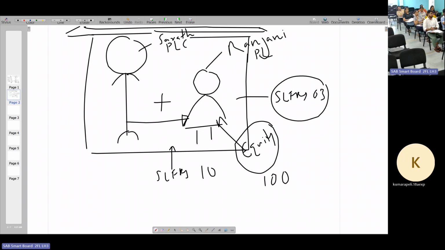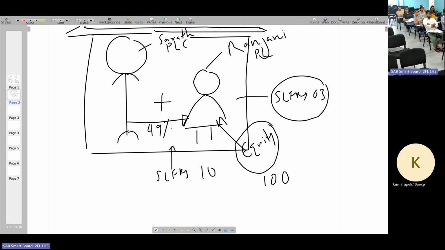Let's say 49% acquired. Can Sarat control Ranjani? Can or cannot? Sometimes can. Generally, more than 51% should be there. It's obvious.